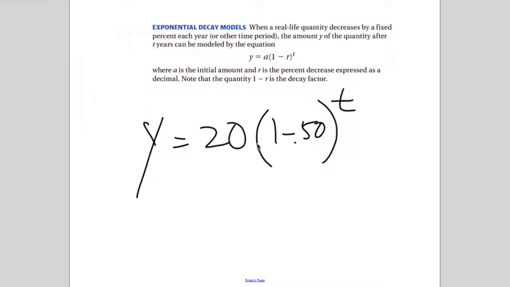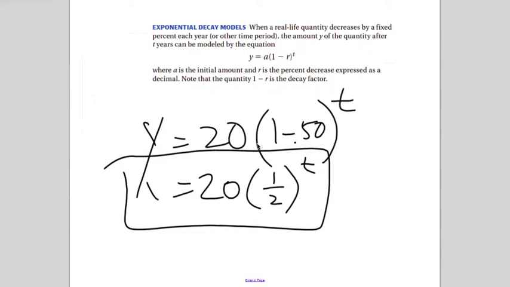And t is the amount of time I take to cut the distance in half, which means my final function is 20 times 1 minus 0.5, which is 0.5, which means it's 1/2 to the t power. And this is how you would write the exponential decay function for my distance to the wall in the classroom.